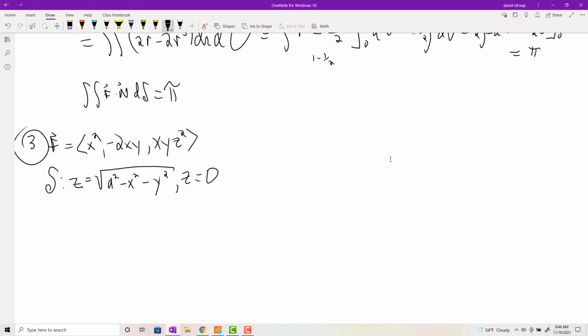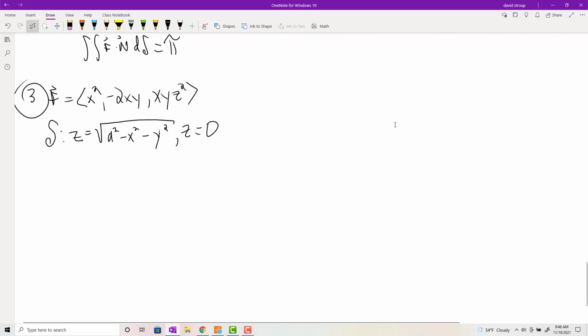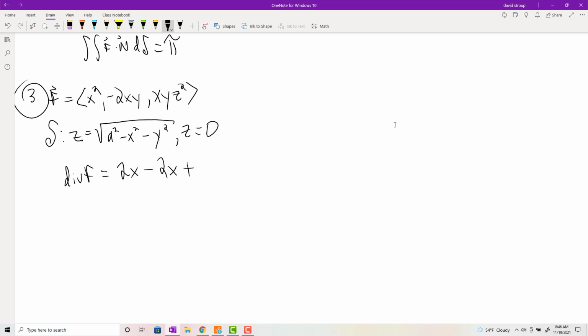So anyways, we're doing these now with the divergence theorem. So we got a triple integral of the divergence of f. Again, to get the divergence of f, you're basically just doing partials and adding them all up. So the divergence of f would be 2x minus 2x plus 2xyz.